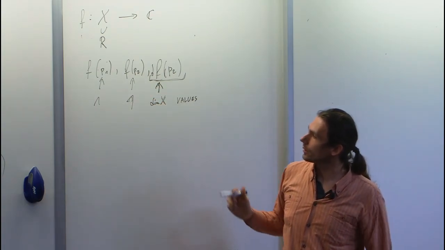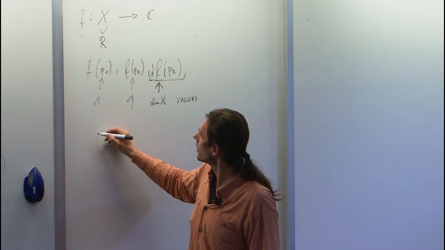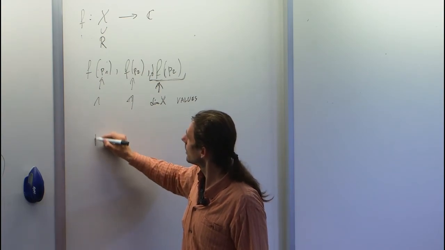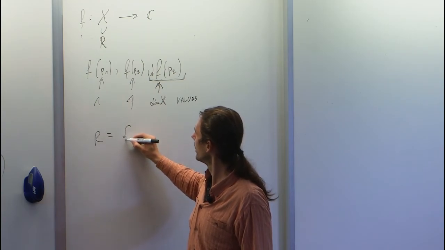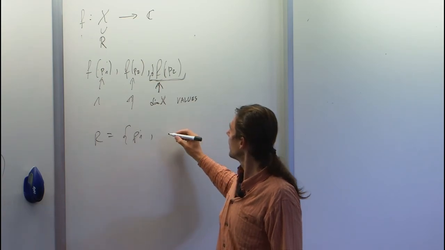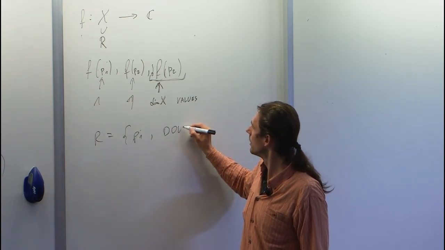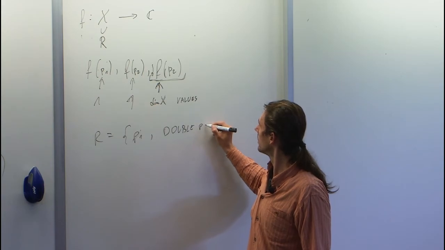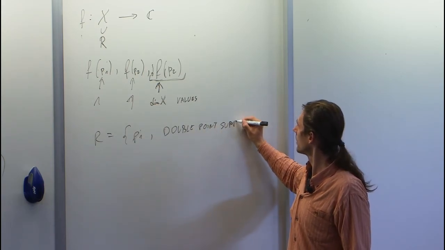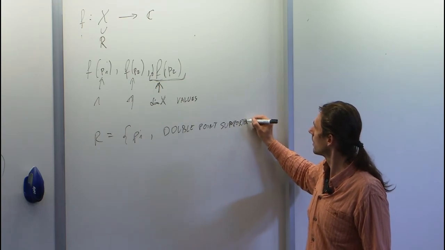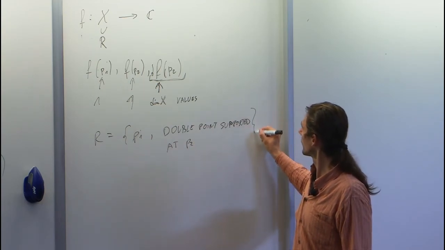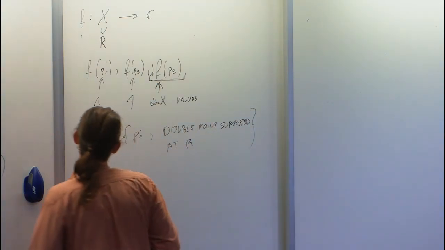So altogether, this scheme is going to be, in this case, a single point P1 and a double point supported at P2. What does it mean?